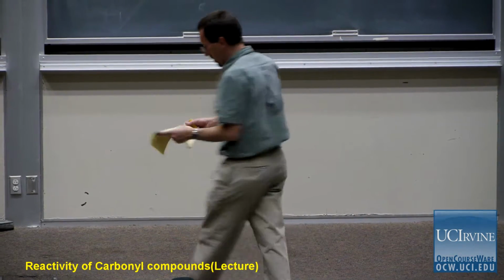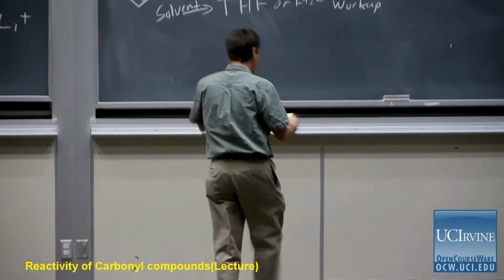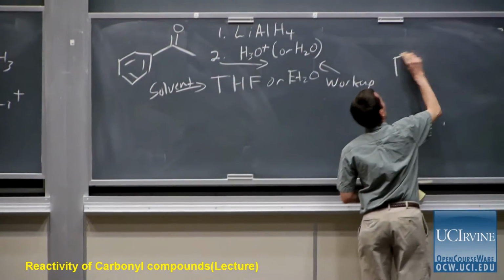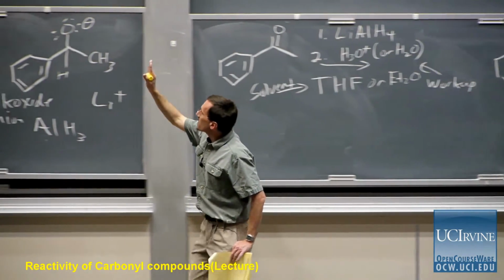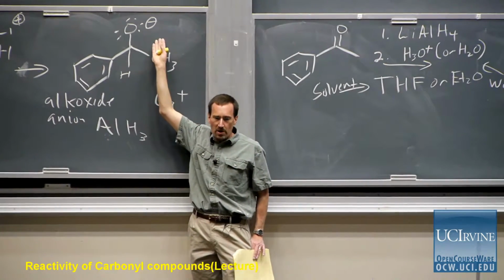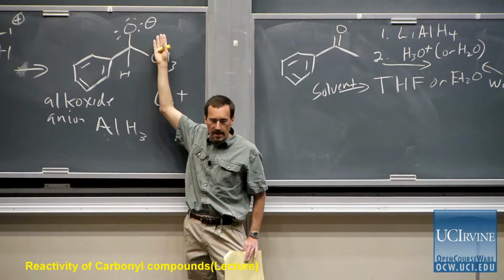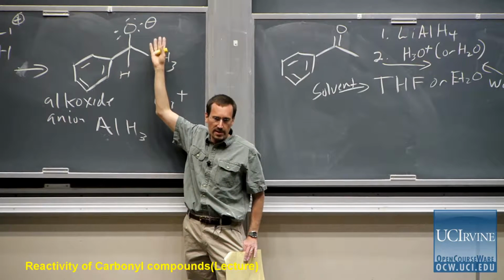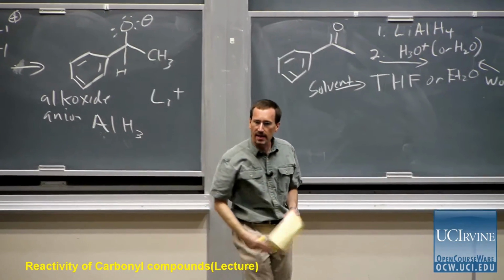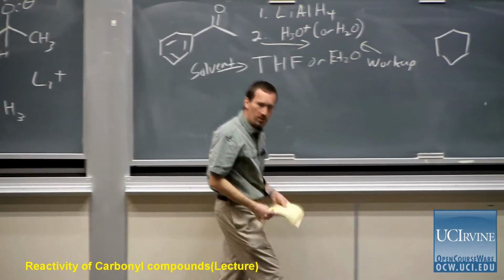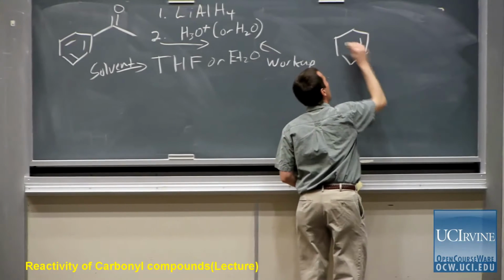So either of those work for a workup, and you'll see things written both ways. The main thing, of course, is that until we add something that provides a proton, whether it's acid, H3O+, aqueous HCl, or water, we have an alkoxide anion. But after the workup, you isolate your product, the alcohol.